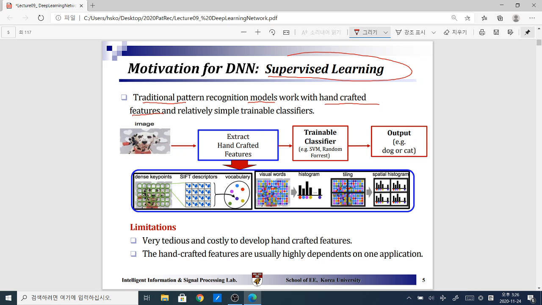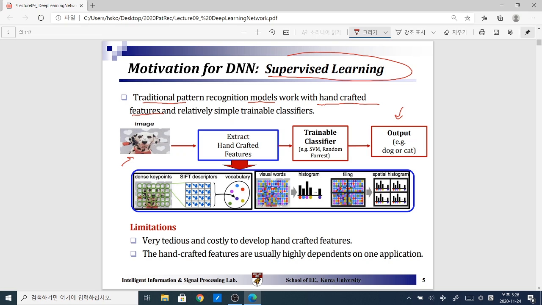Now, let's look at the difference between the handcrafted features versus the way the deep learning features progressively develop by a learning process. Here, for example, let's say that we have an image of a dog here. Let's say that we want to develop a code or software or an algorithm that classifies that into either a dog or, say, a cat.